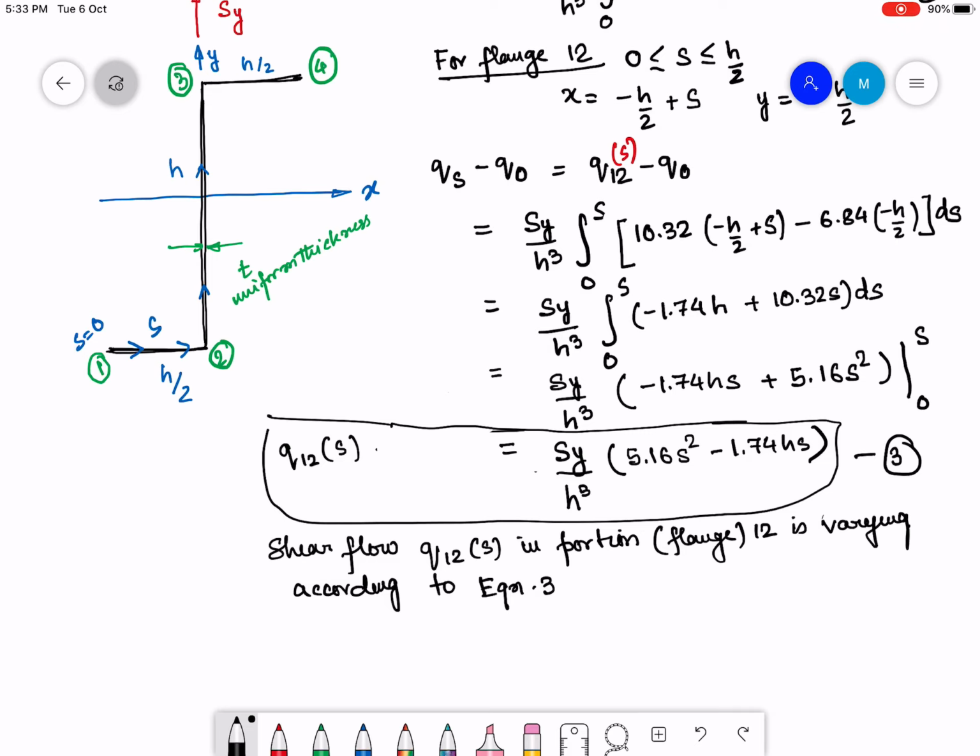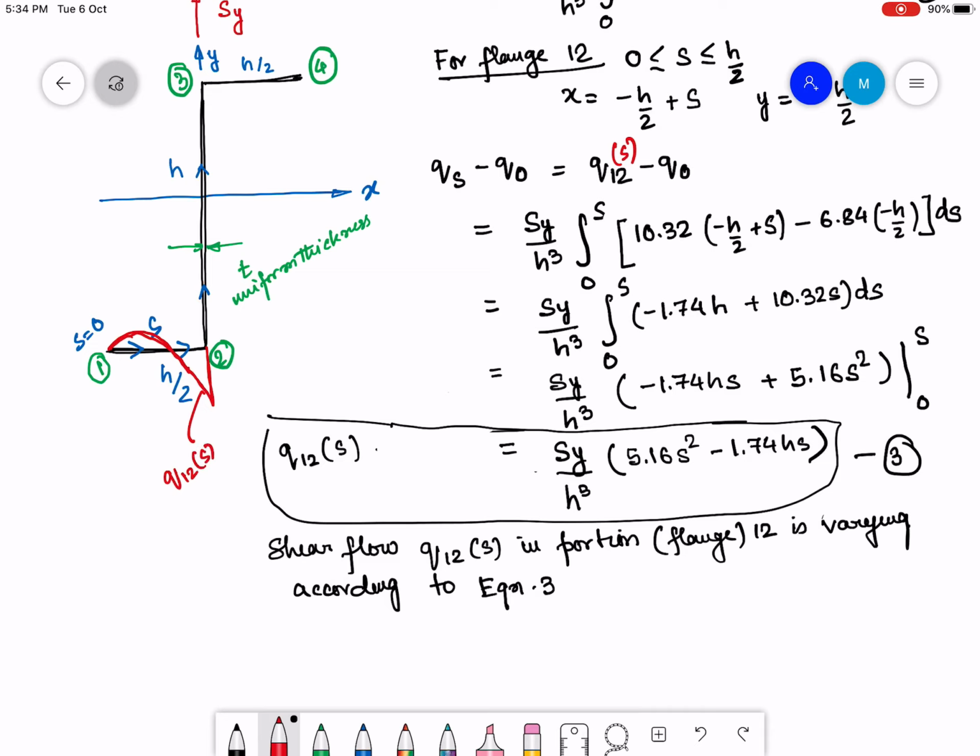So it is going to be a parabolic variation. Let us try to draw the variation. It is going to look something like this. So this is my q1 to s.